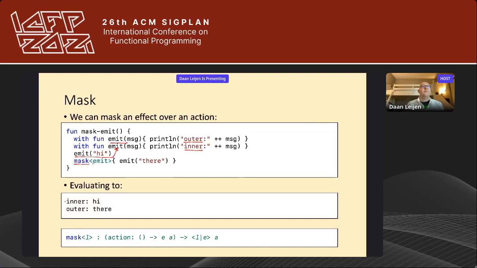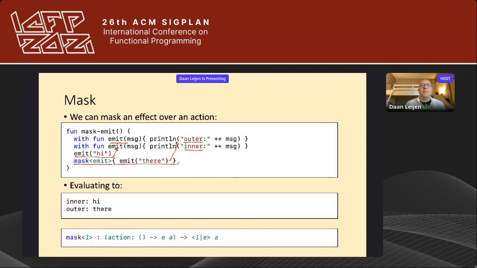But when I use the mask function, then I mask out the innermost handler and immediately go to the next one up. So I would go to the outer one because I've masked out the inner one. So you actually get outer there. And again, the mask just takes a function where it's masked.